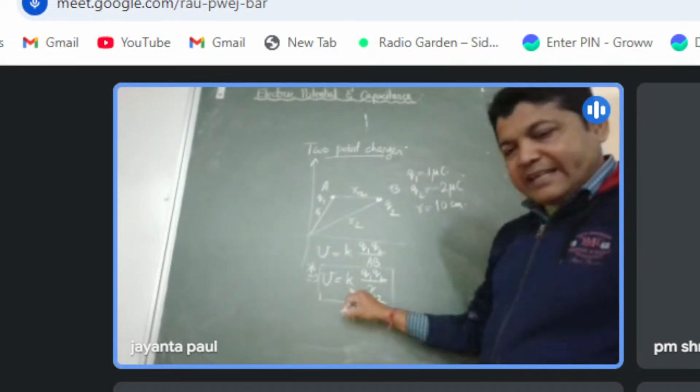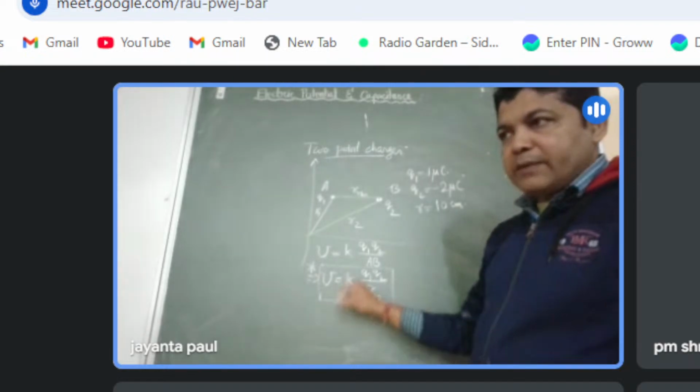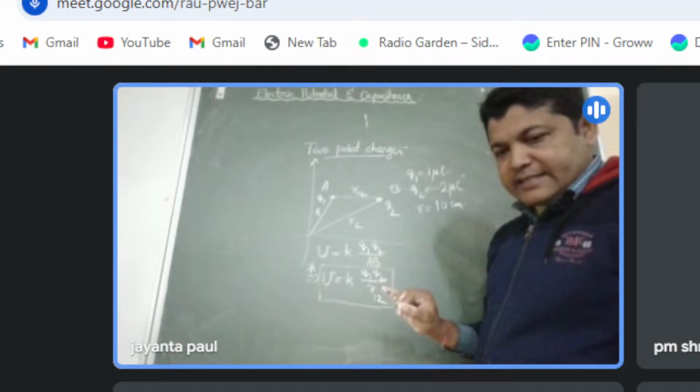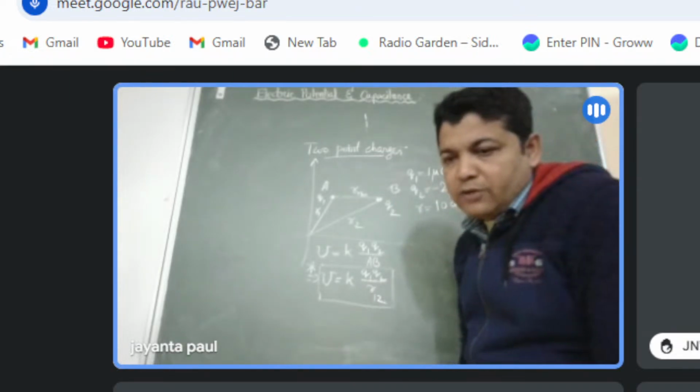K value is 9 into 10 to the power 9. It is actually 1 by 4 pi epsilon naught. So Q1 Q2 by distance, the distance between the two is also given, so you can solve that one.